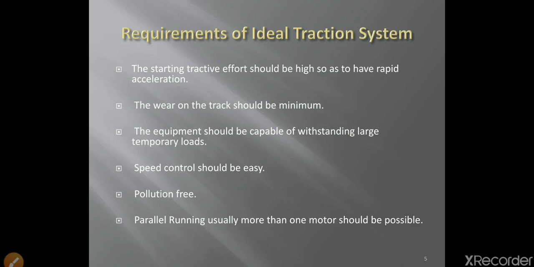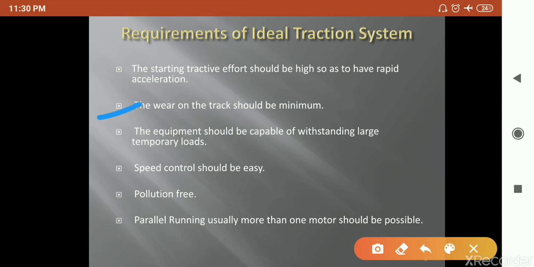Now the second point is the wear on the track should be minimum. Wear on the track means the friction on the track. The equipment should be capable of withstanding large temporary loads.